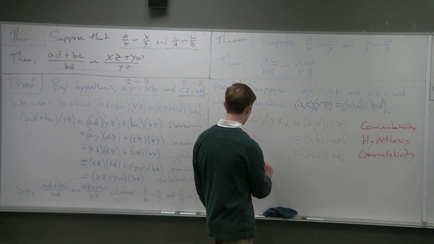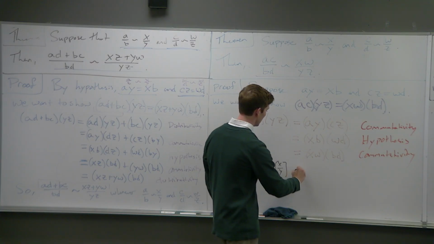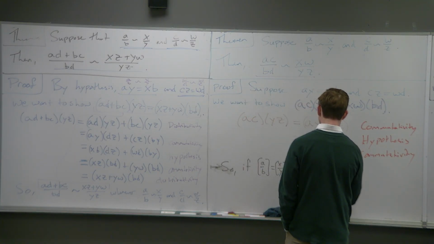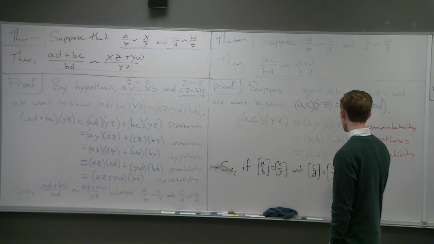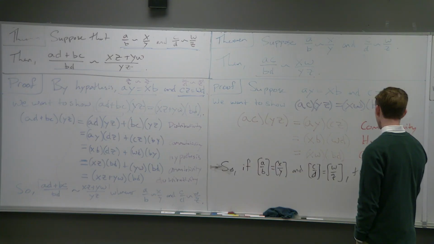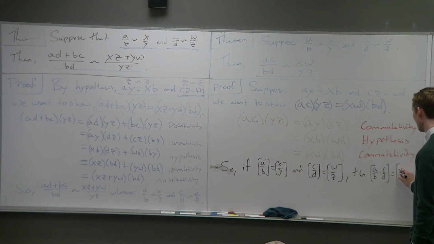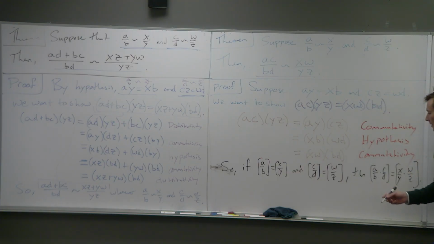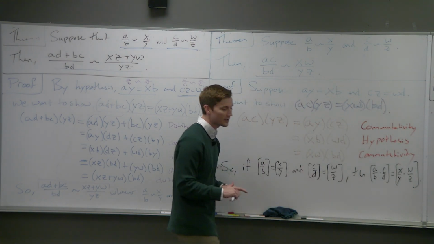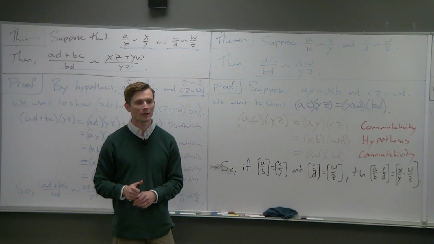If A over B has the same equivalence class as X over Y, and C over D has the same equivalence class as W over Z, then A over B times C over D has the same equivalence class as X over Y times W over Z. That is, we can define a multiplication on equivalence classes by just multiplying any two representative elements, one from each, and looking at its equivalence class.